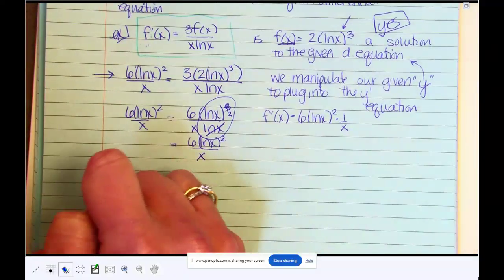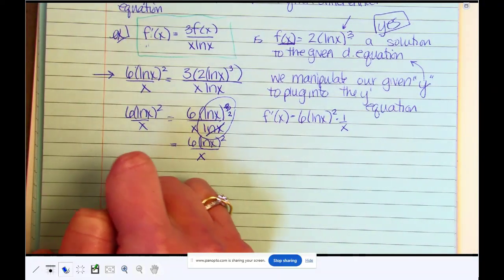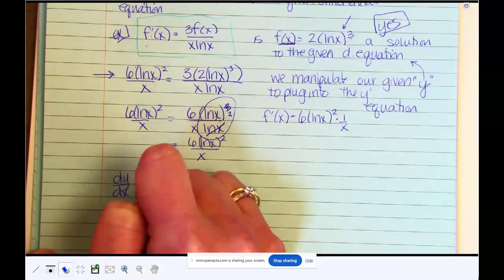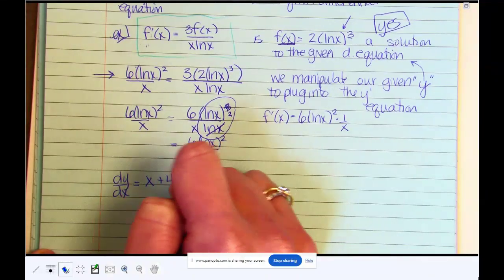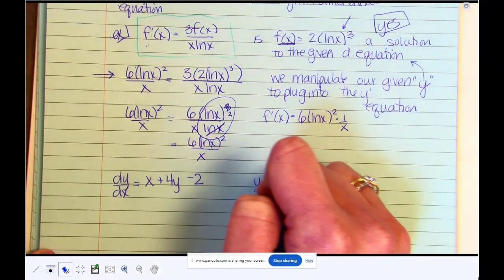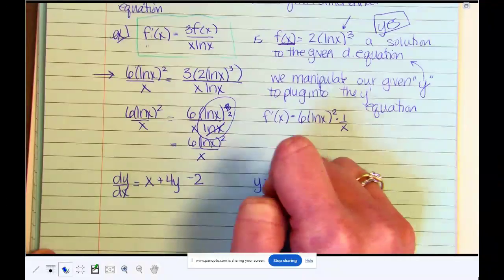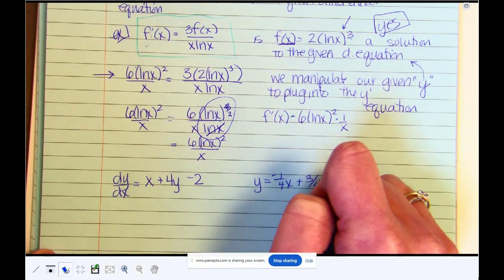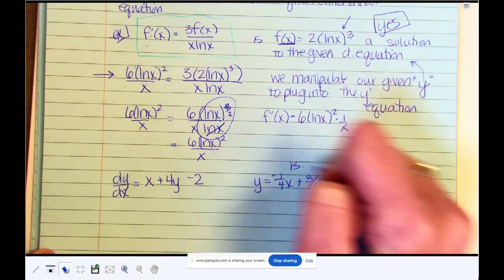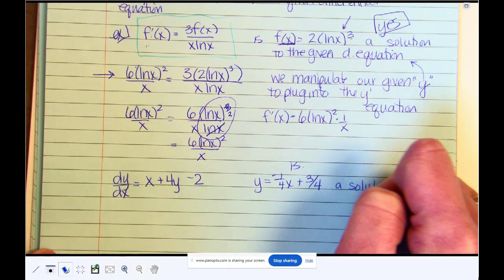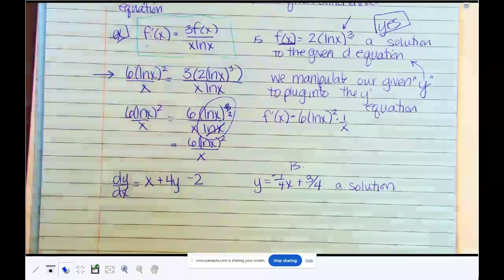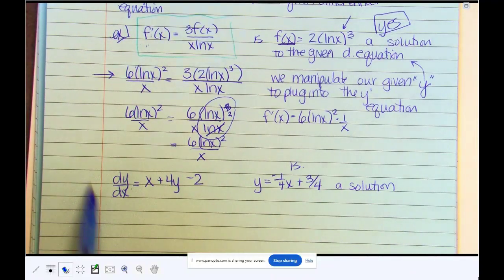So today we have dy dx is equal to x plus 4y minus 2. And the equation is y equals negative 1/4 x plus 3/4. And I want to know, is this a solution? Okay, so this is my template.